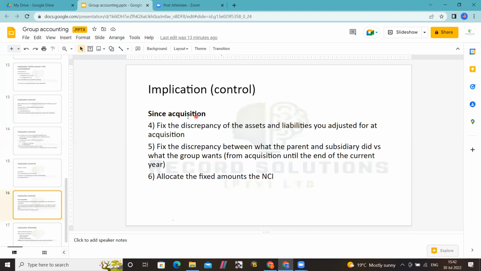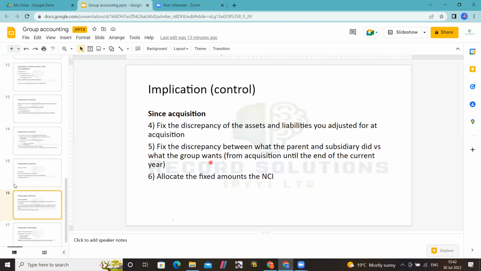So that happened from since acquisition until the end of the current year. So these are obviously items that are not related to that acquisition part. So it's what happened during since acquisition. So intra-group transactions basically. This one is talking about intra-group transactions, right?